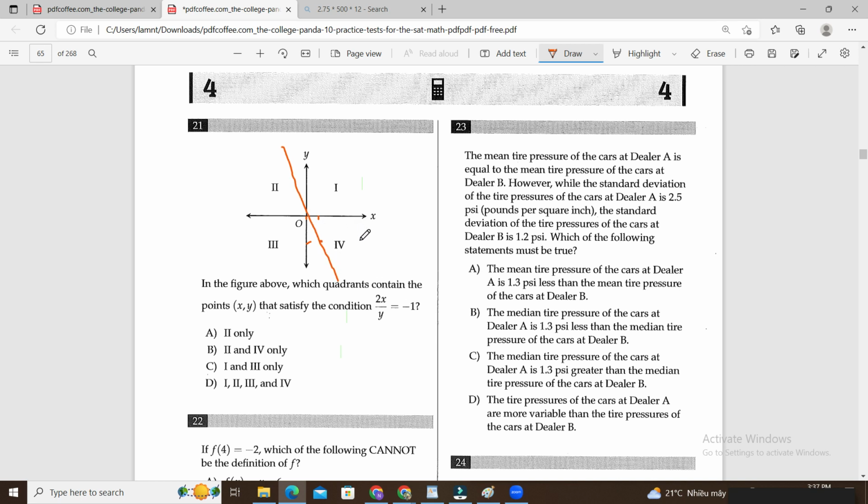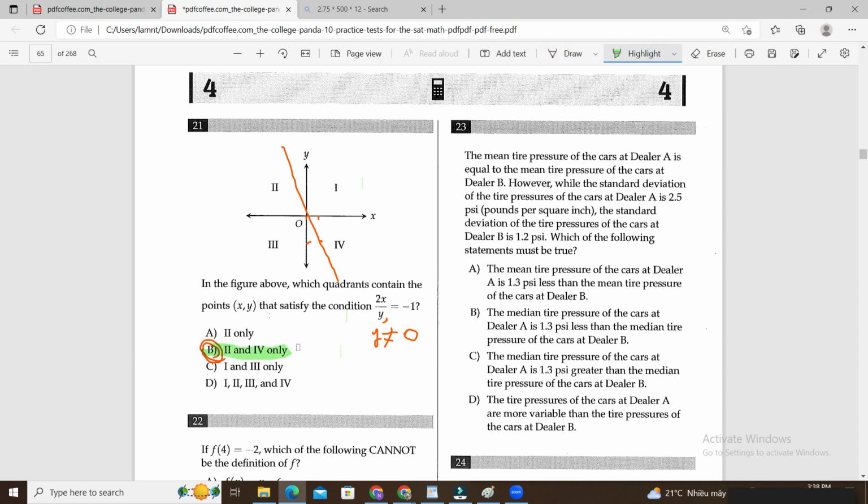And because x and y have to be different from 0, this line goes through the second and the fourth quadrant. Okay, so the answer to 21 is B.